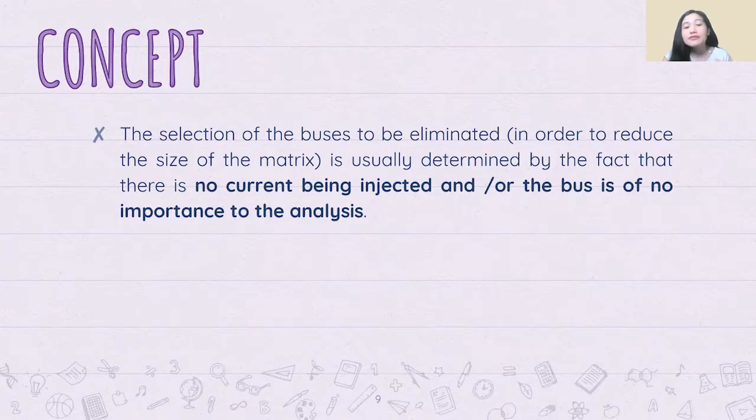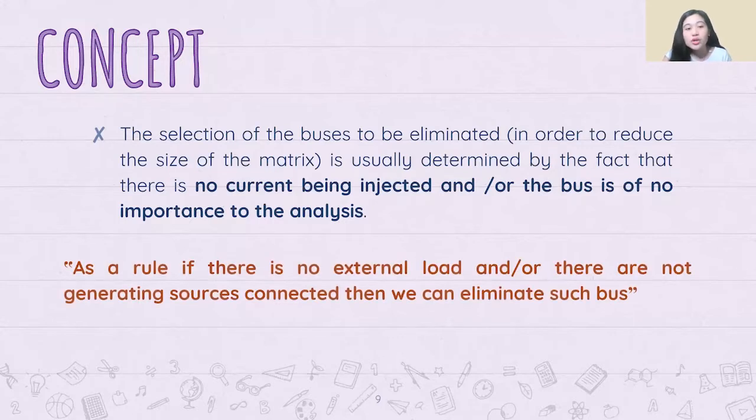Pero mainly, if there is no current being injected and/or the bus is of no importance to the analysis, that part of the circuit has to be eliminated so that the matrix could be reduced. So as a rule, if there is no external load and/or there are no generating sources connected, then we can eliminate such bus.